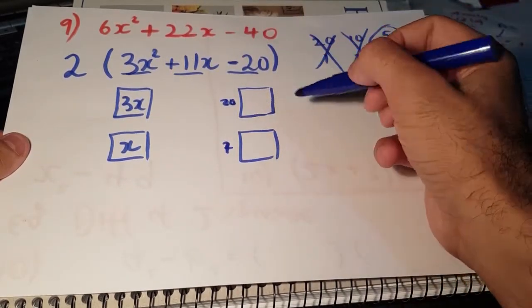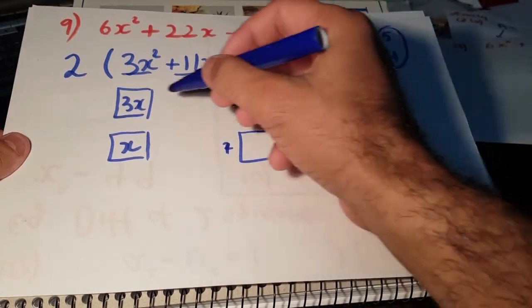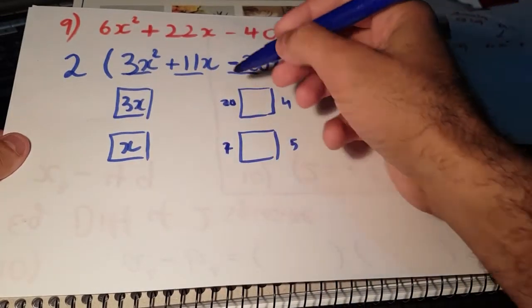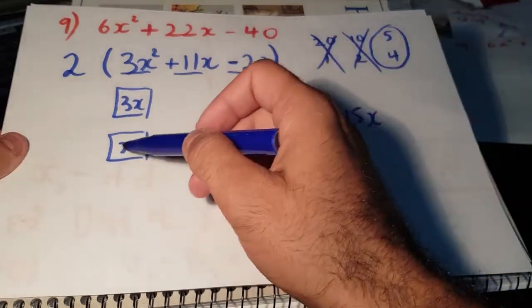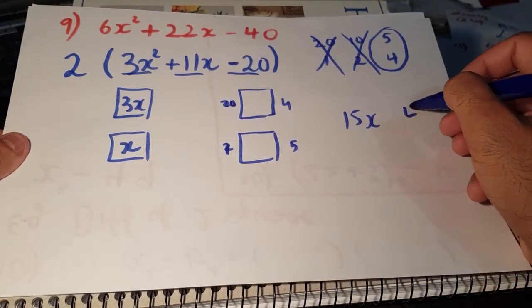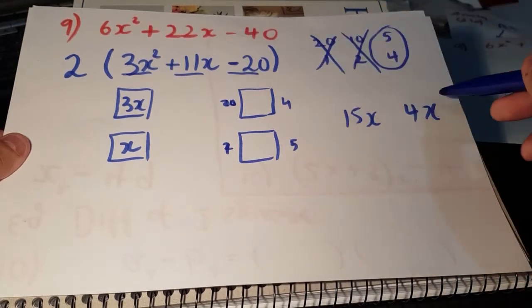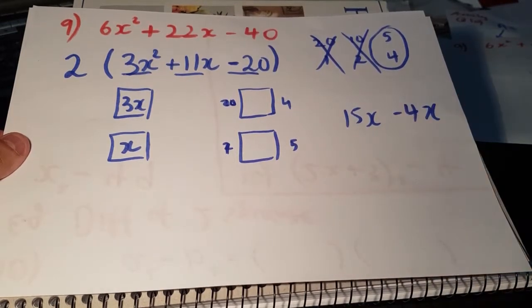So which one is it? Let's try 5 and 4. This will be 15x and 4x. We got it. 3x times 5 is 15x and x times 4 is 4x. If I change around these numbers with a negative, I should be able to get 11x, because 15x take away 4x will give me 11x. So which one should be negative?